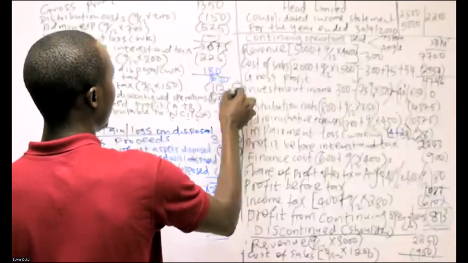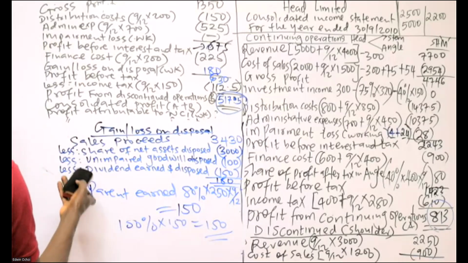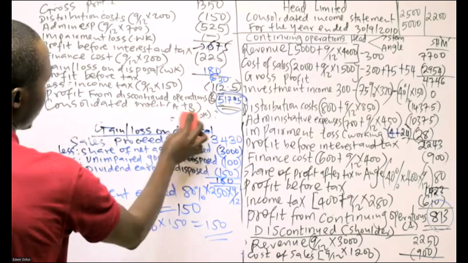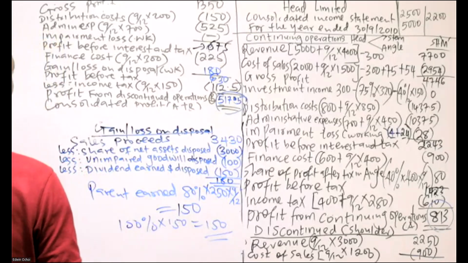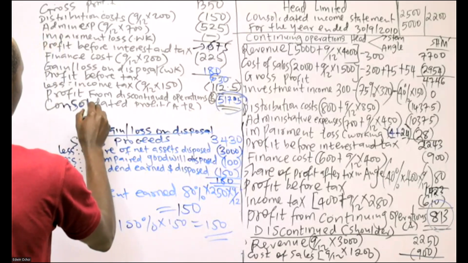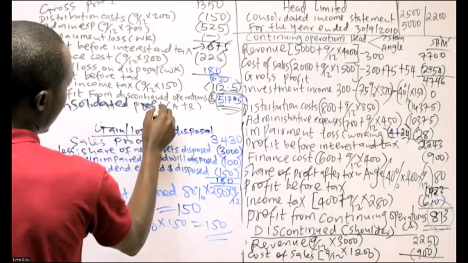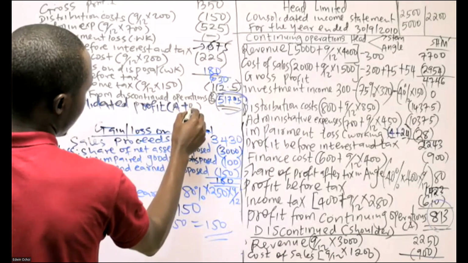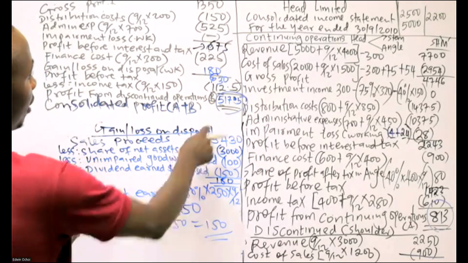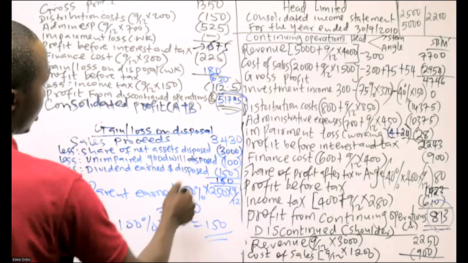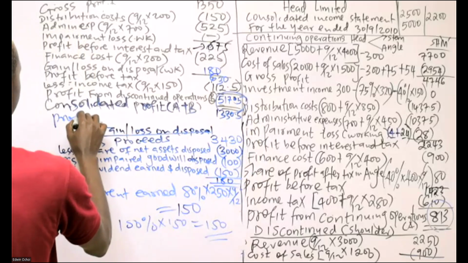You add it with this one. So consolidated profit is A plus B. So 813 plus 517.5, we get 1330.5.